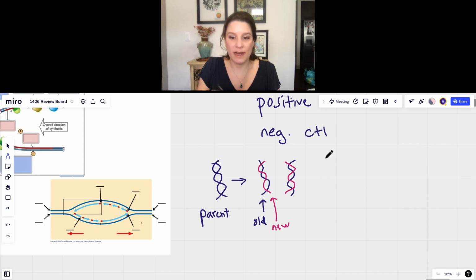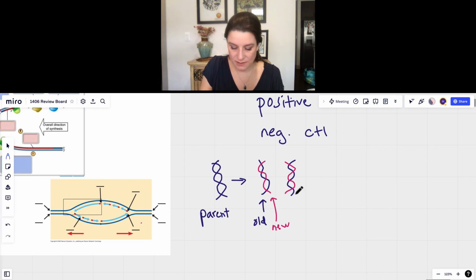And then we also have Avery doing some stuff where they do Griffith's experiment, but they cut up the DNA and then it doesn't work. And they cut up the protein and it does work, which suggests that the DNA is necessary, because when you cut it up, now the transformation doesn't work. So those are some of the main ideas from the people, but I don't have too much on that.